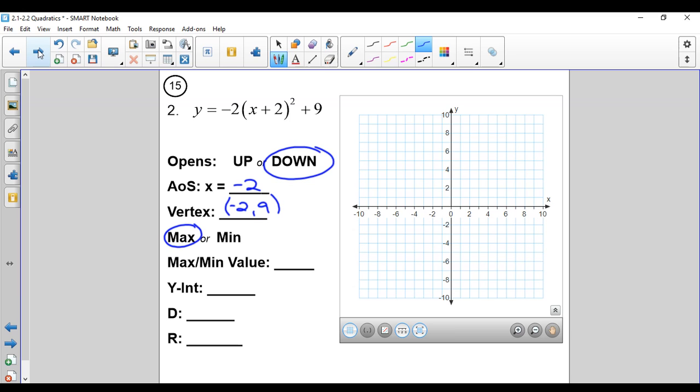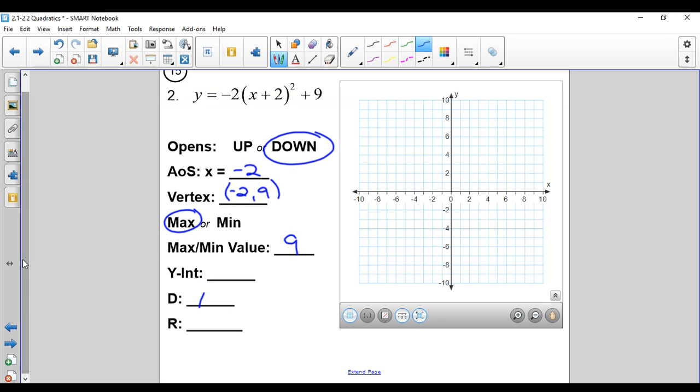Our max value is 9. My y-intercept, I'll skip for a second. Domain is all real numbers. I'll go with the easy stuff. Range is -infinity up to 9. Now we go ahead and find our y-intercept here.